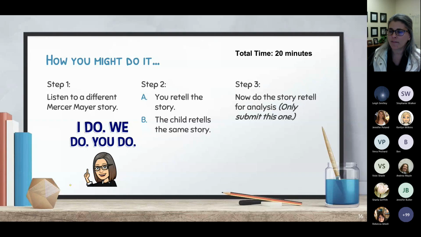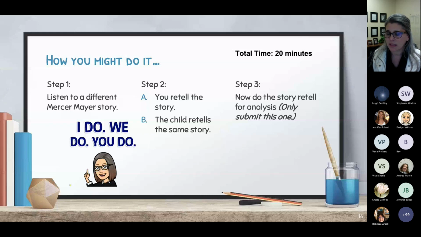I'm going to have them listen with me to the story, and then I'm going to model retelling that story. Then I'm going to turn it over to them and say, now it's your turn. You tell me the story like I just did. And they can flip through the book and tell the story to the best of their ability.